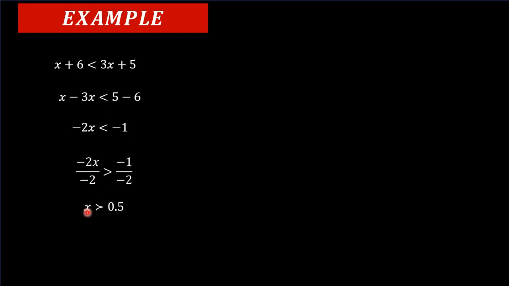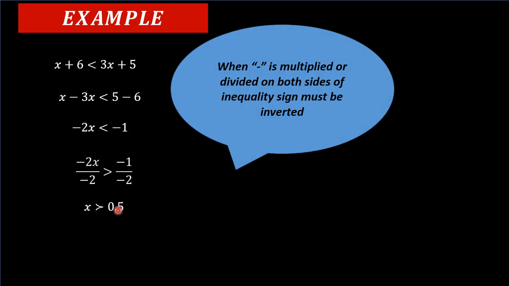So x is greater than, minus minus will be cancelled out here, 1 over 2 will give you 0.5. Just to pop up in your mind, we know that whenever a minus is multiplied or divided on both sides of the inequality, signs must be inverted. That is, the greater sign must be changed with the smaller, or the smaller must be changed with the greater sign.